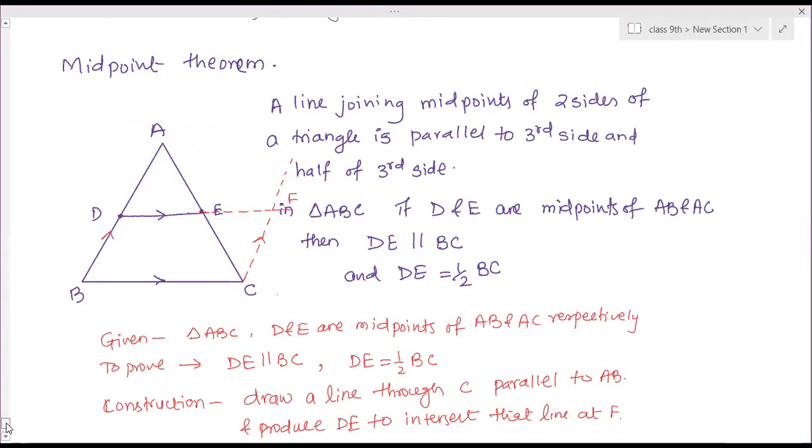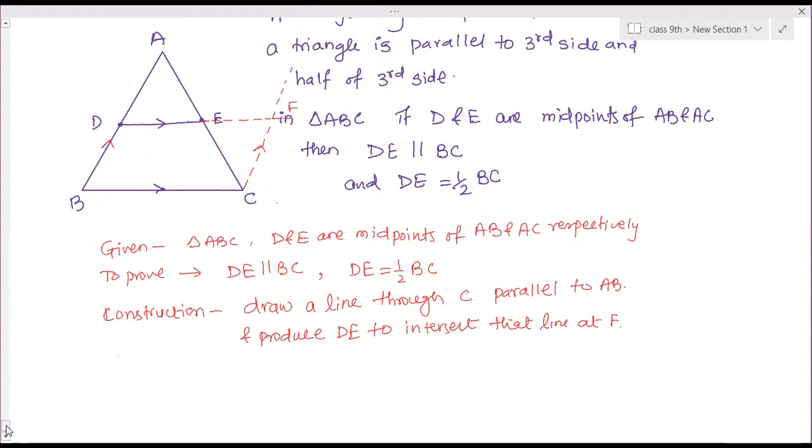Now how to prove this? I will give you the hint first and then we will write it down. First we have to prove triangle CEF and triangle AED congruent. We know that E is the midpoint of AC, so AE is equal to CE.